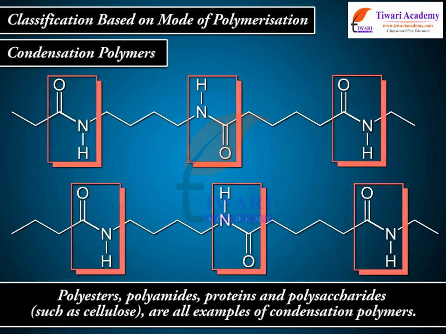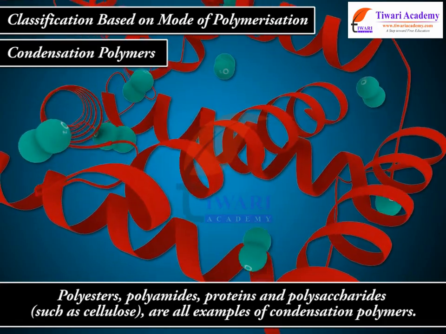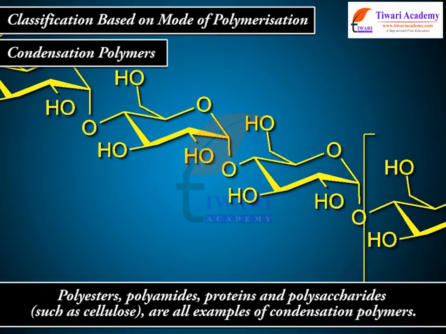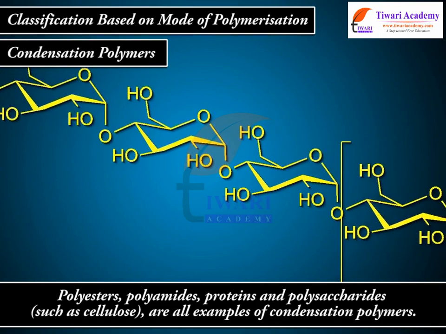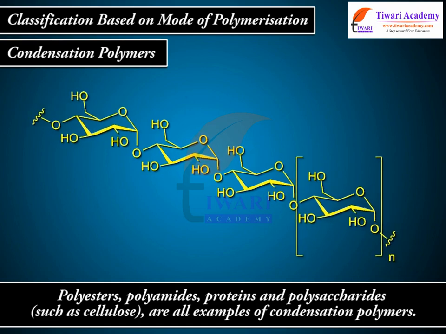Polyesters, polyamides, proteins, and polysaccharides such as cellulose are all examples of condensation polymers.